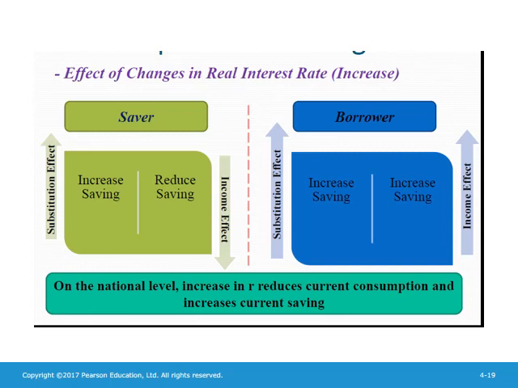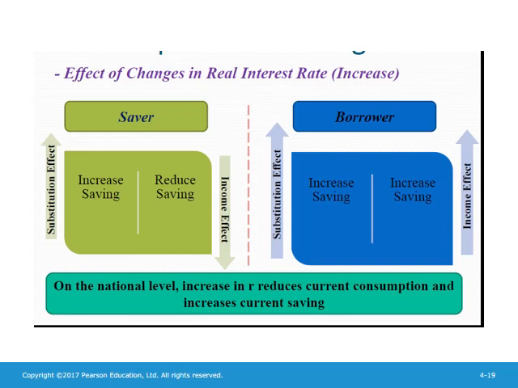What about the national level? Now we're talking about the individual level. The individual will have some savers and some borrowers. What about the national level? They refer to empirical evidence then.